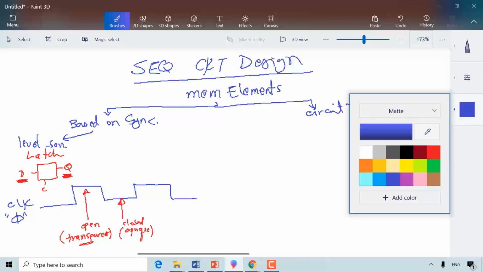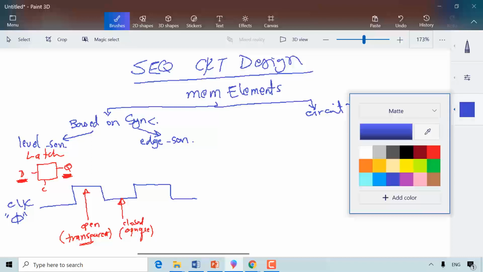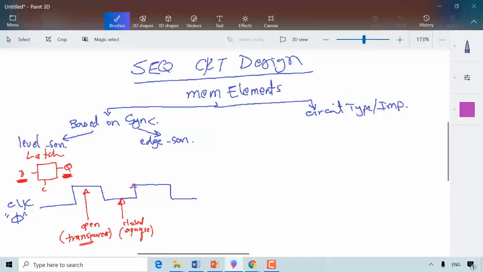Then we have edge sensitive. Edge sensitive means that the sequential element is really sensitive only to the edge of the clock, when the clock goes from low to high.